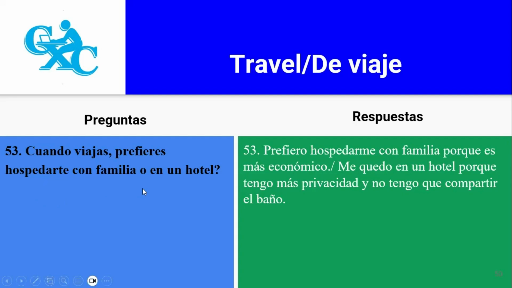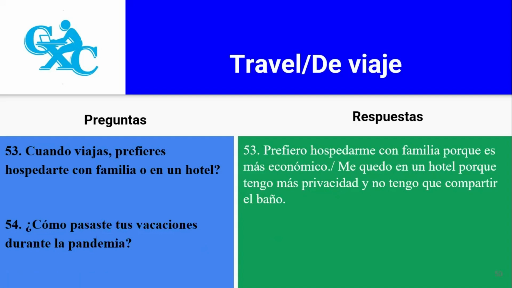So they're all saying the same thing. So to lodge or to stay, okay? I prefer to stay or to lodge with family. And you give a reason, or I prefer to stay at a hotel, or me quedo en un hotel, right? Okay, let's look at another question now.